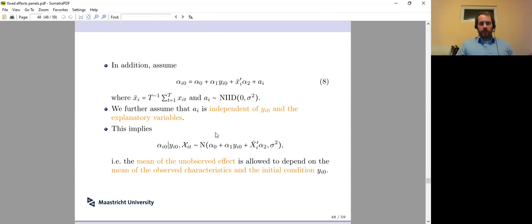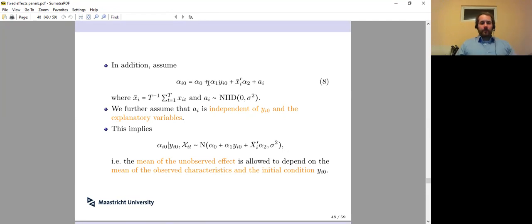Anyway, Wooldridge then says, let's simply specify a linear function for alpha given y_i0. So we have an intercept, we have something that measures the dependence on the initial condition, and we have something that measures the dependence on the x's. In particular, he says let's take the average of the x's because it makes the model more parsimonious, meaning fewer parameters.